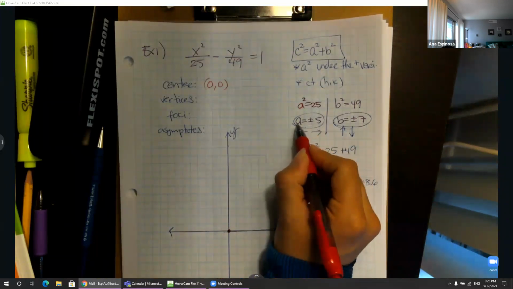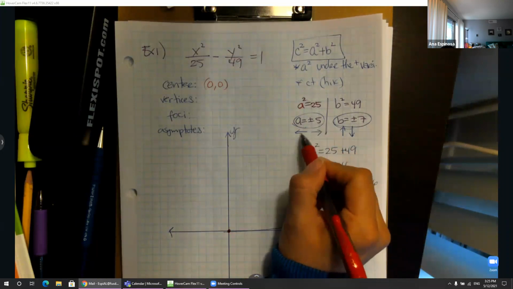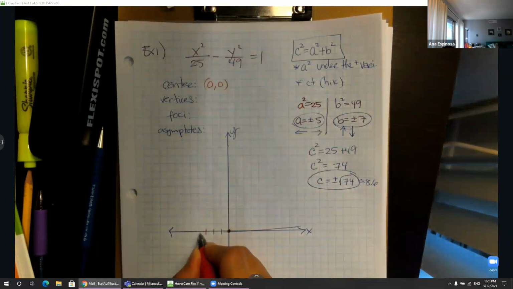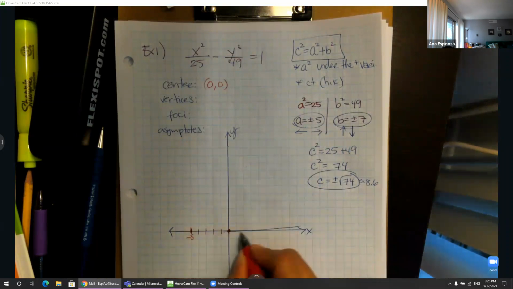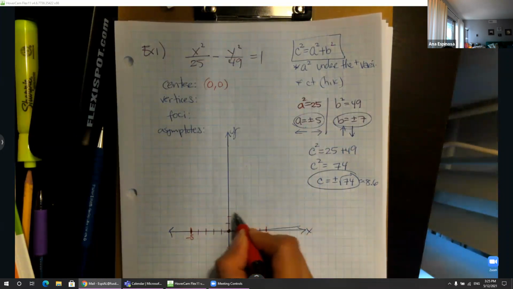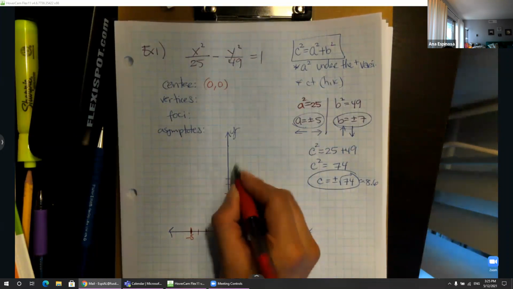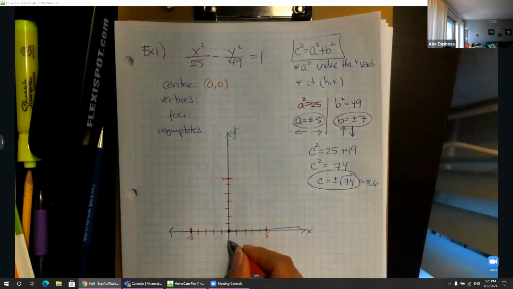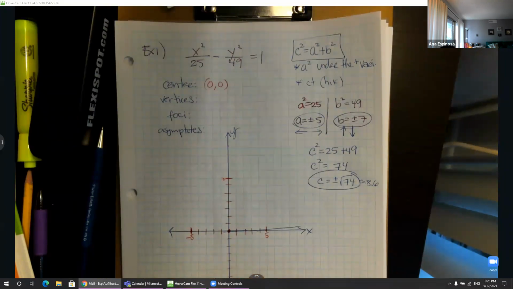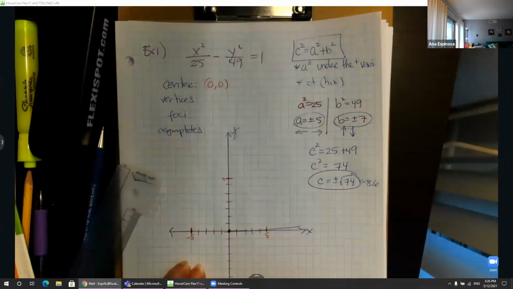A is going to move 5 units left, right. 1, 2, 3, 4, 5. Now, instead of making a dot, or you can make a dot if you want, but I'm going to make a dash. 1, 2, 3, 4, 5. Up. 1, 2, 3, 4, 5, 6, 7. Oh man, I should have made it wide. You'll see why.